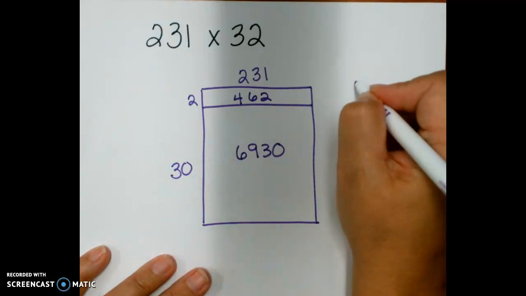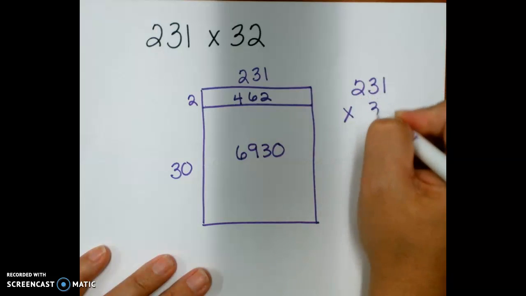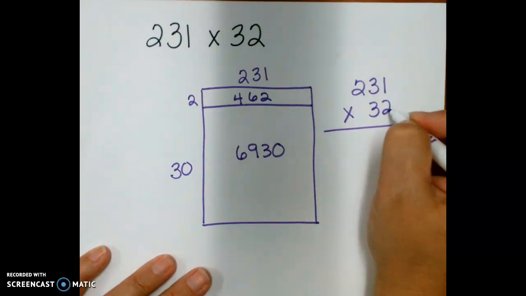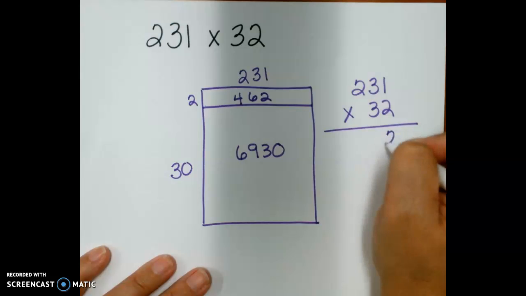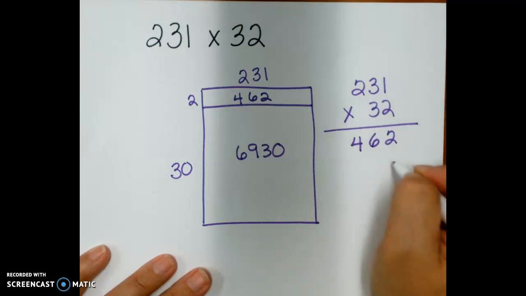Let's take a look at it in partial products. Again, 2 times 1 is 2. 2 times 3 is 6. And 2 times 2 is 4. I'm multiplying by 30, so I get a 0.